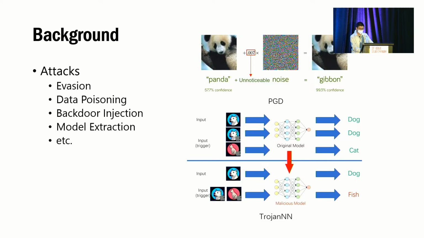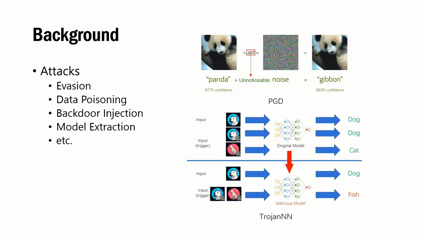For the original panda image, which is classified correctly by the model classifier with around 60% confidence, the attacker adds a small, unnoticeable noise onto the original image and gets the perturbed image. From humans' vision, there is almost no difference between the original image and the perturbed image because the perturbation norm is quite small. However, the model classifier will classify the perturbed image as gibbon with almost 100% confidence.